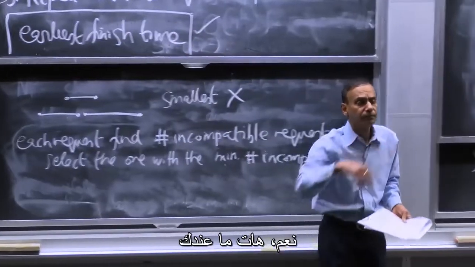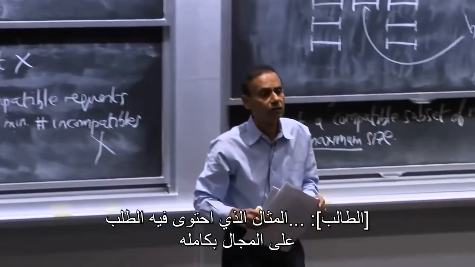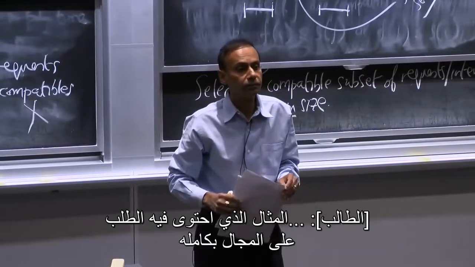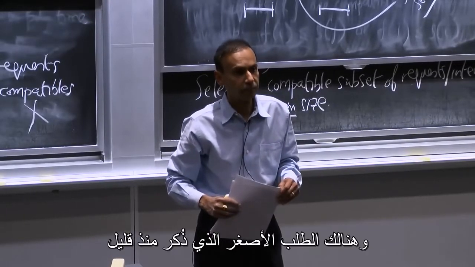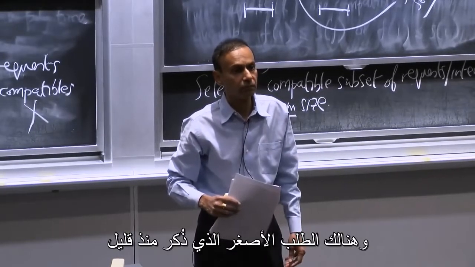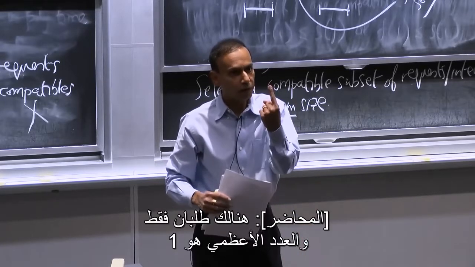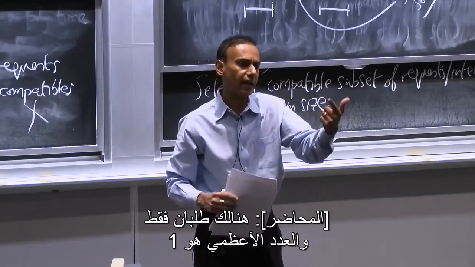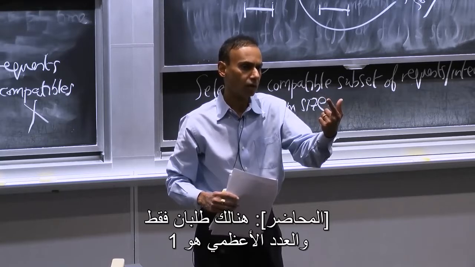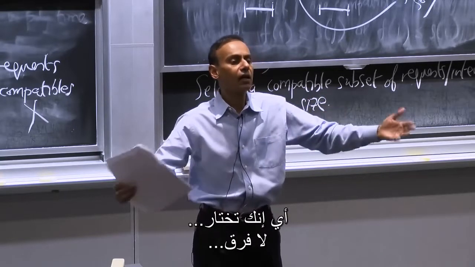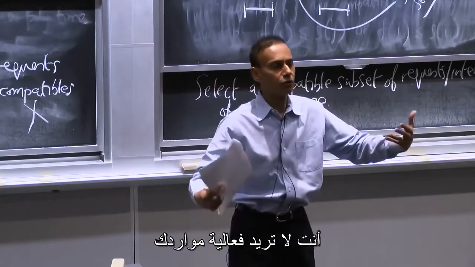Yeah, go ahead. So what if we consider the simple counterexample of one request for the full interval, and there's one small request that finishes earlier. Well, then you get one, if there are only 2 requests and your maximum number is 1. So you pick, it doesn't matter, it's not like you want efficiency of your resource.